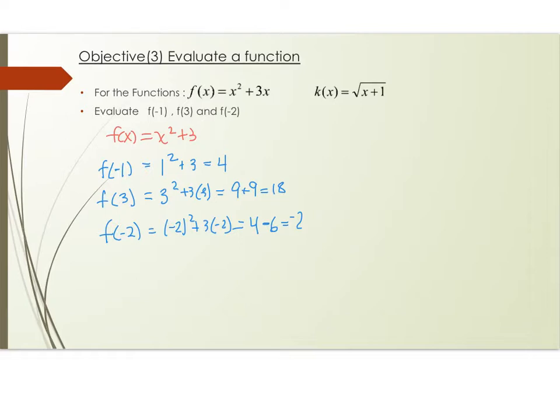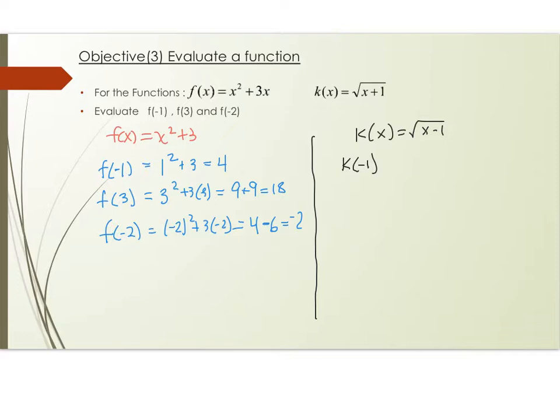Now we're going to do the same thing with the other function. So I'm going to draw a line here. And now we have k of x is equal to the square root of x plus 1. And now we're going to evaluate it. K of -1, right?